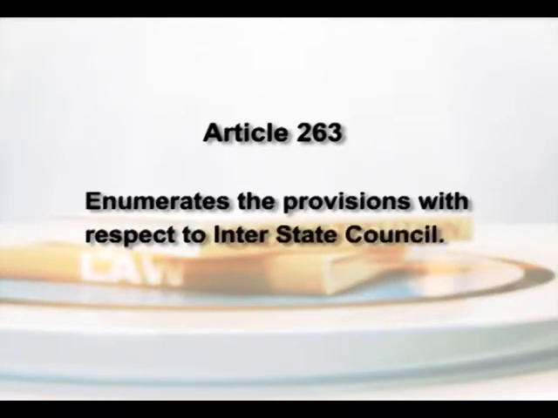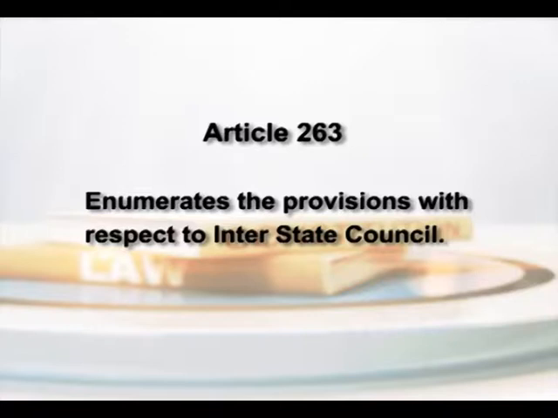When I started my lecture, I told you that there are certain features to create a cooperative flavor in Indian federalism. There are avenues for initiating coordination between the states. What are these avenues? Mainly, the Interstate Council. Article 263 enumerates the provisions with respect to the Interstate Council.